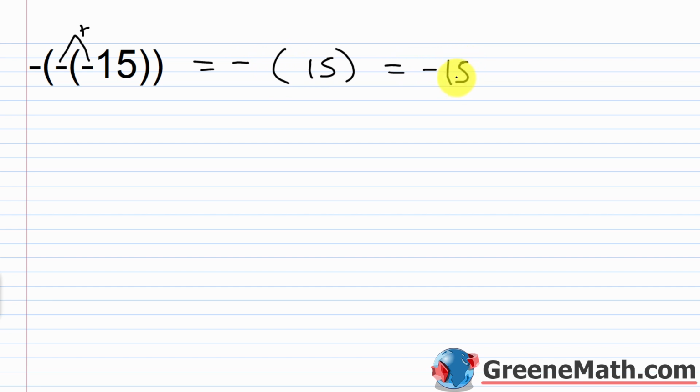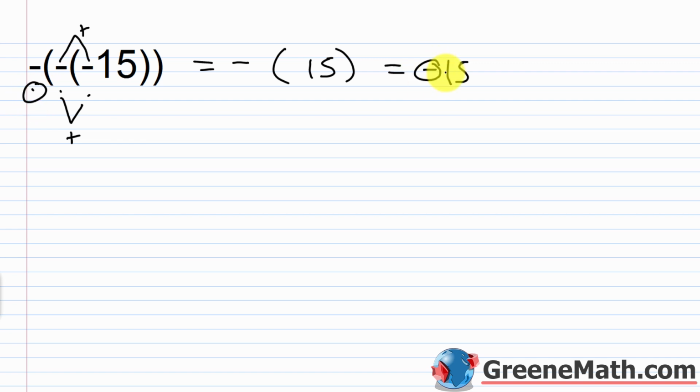So 2, 4, 6, 8, 10, 12. These are even numbers. So when you have a pair, things become positive. All your problems where you have even amounts of those negative symbols will give you a positive. If you have an odd amount of those symbols, you get a negative result. We have 1, 2, 3 of those, meaning we could only make one pair of negatives, and then we couldn't do anything with that one, so we had a negative result.